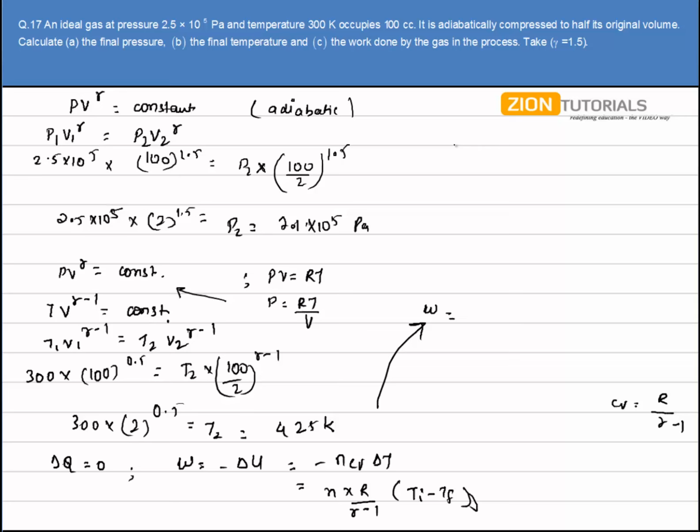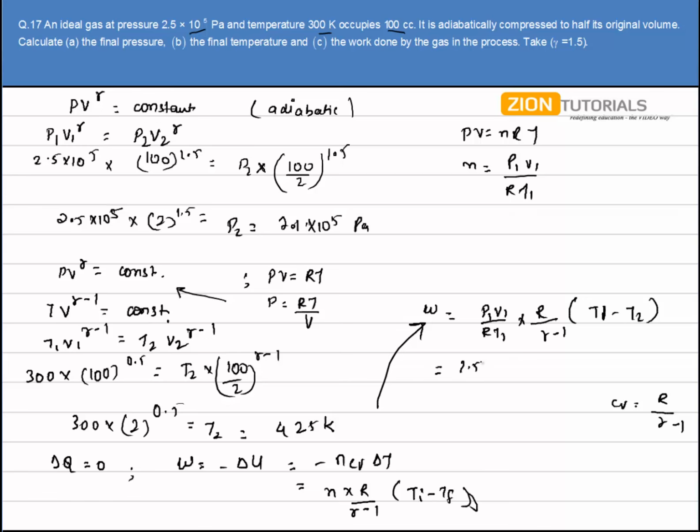The value of n can be calculated by the earlier equation, because we'll use PV equal to nRT. I know the pressure, the temperature, and the volume. So n comes out to be P1 V1 by RT1. It can be written as P1 V1 by RT1 into R by gamma minus 1 into T1 minus T2. Substitute all the values.